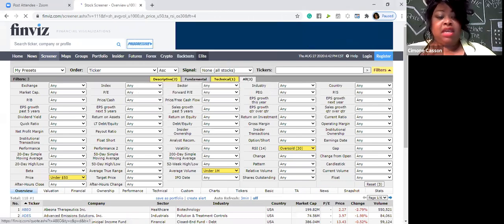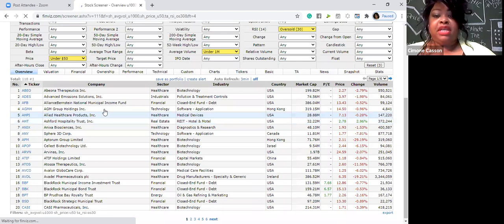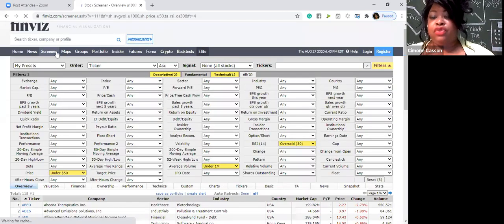And you can keep drilling down and keep drilling down. And now at this point, you can actually look at the companies, their change, figure out where you want to go, what you want to do, and make it your own. Again, making sure that you're able to utilize all these, and we're doing more videos on this, but this is a basic overview of what you can be looking for.